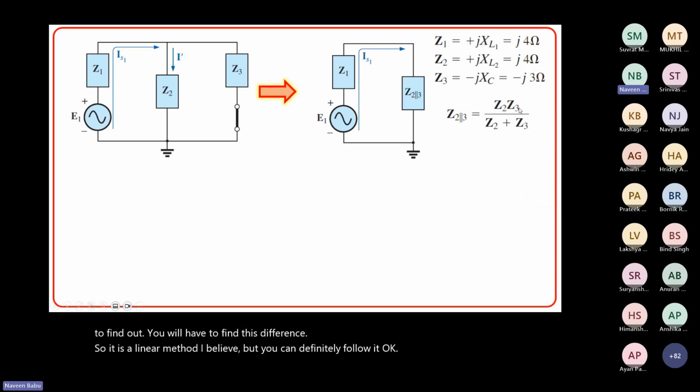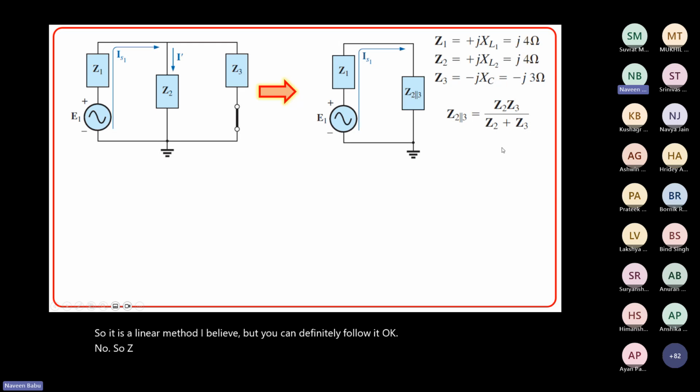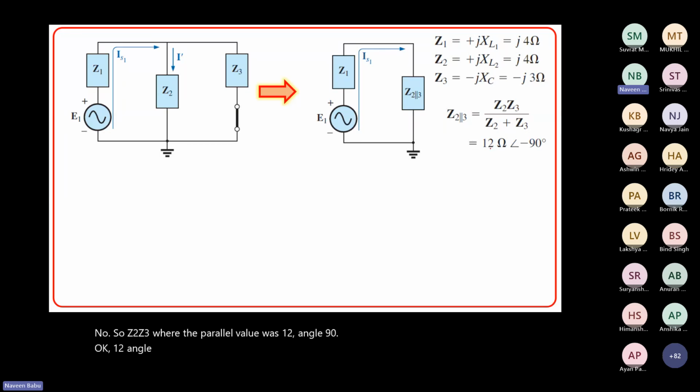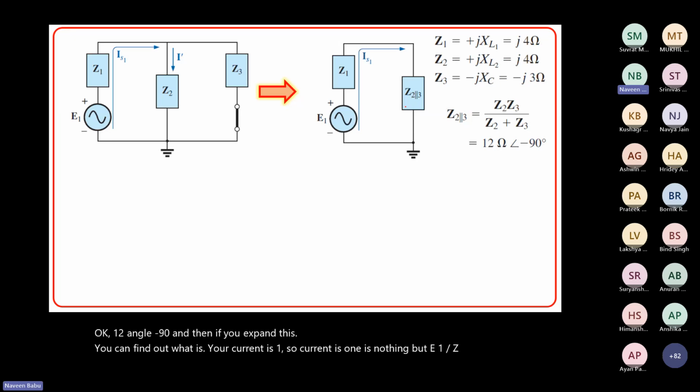Now, the Z2, Z3 parallel value was 12 angle minus 90. And then if you expand this, you can find out what your current IS1 is. Current IS1 is nothing but E1 divided by Z1 plus Z2 parallel Z3.